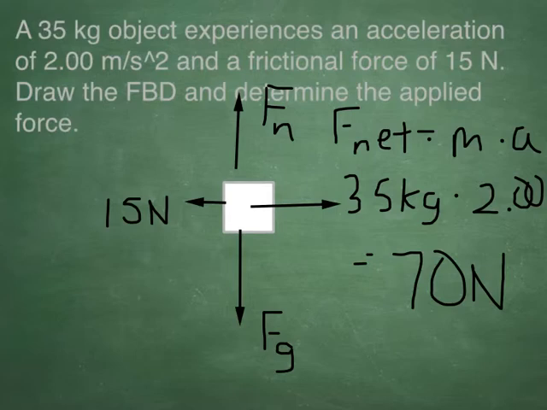So when you combine the applied force and the frictional force, you have to have 70 newtons of force left when this is done. That's the only way you can get this mass and this acceleration. So that means the applied force here has to be 15 newtons bigger than 70, which is 85 newtons of applied force. 85 minus 15 gives us 70. The net force of 70 divided by the mass of 35 gives us our acceleration of 2, and everything works out with those numbers.